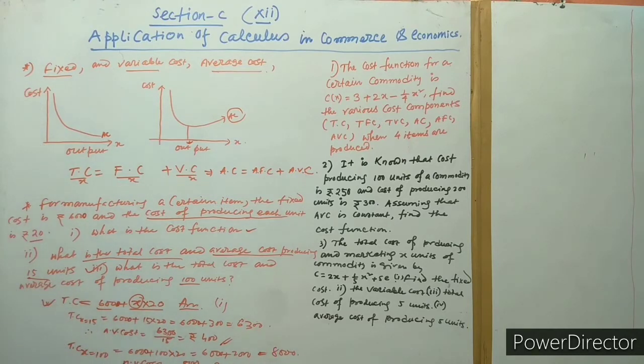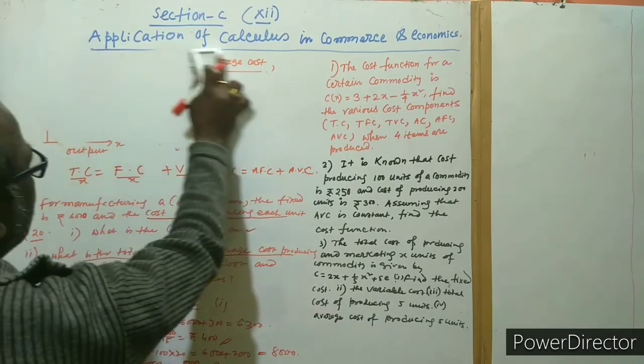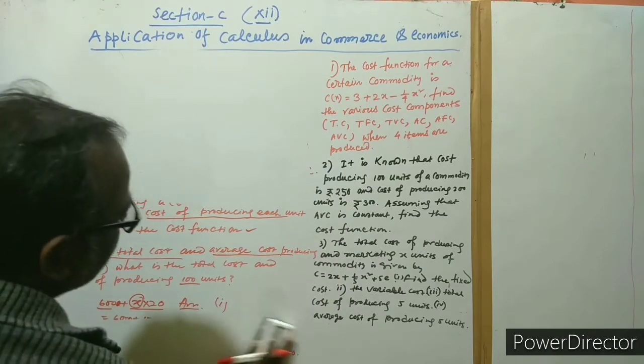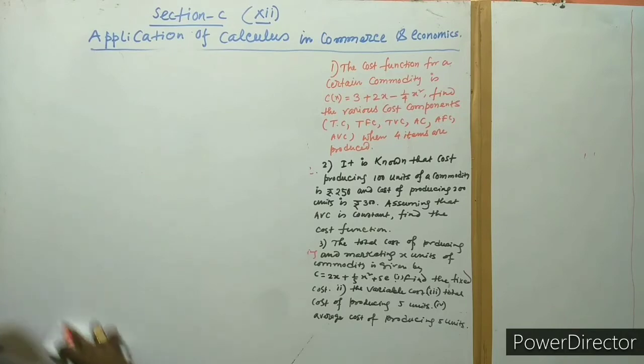So this is the example of the fixed cost, average variable cost, and average cost. Now here I want to introduce this problem.